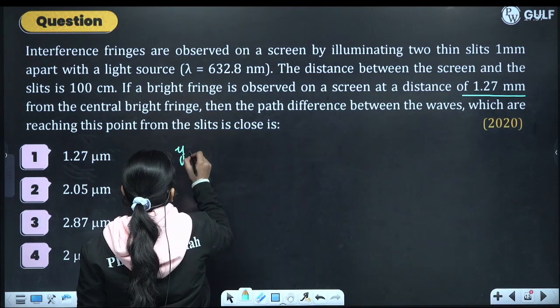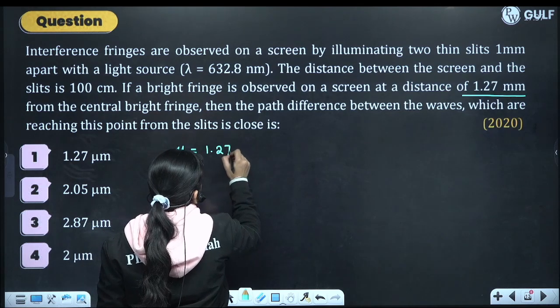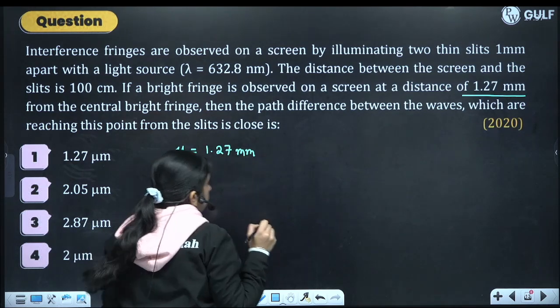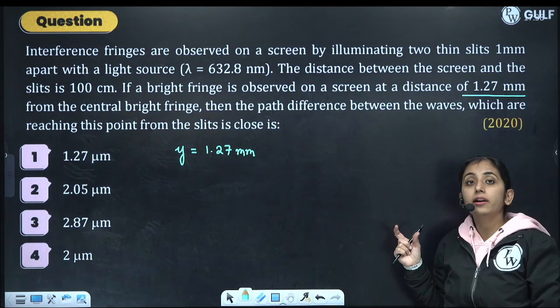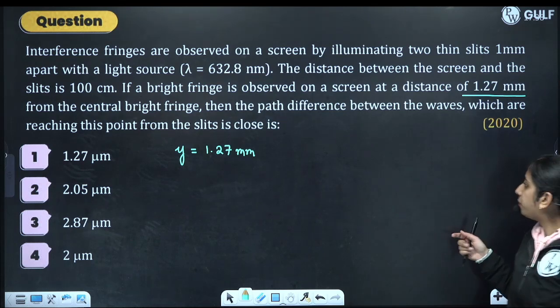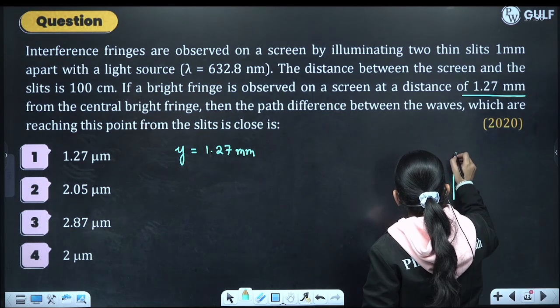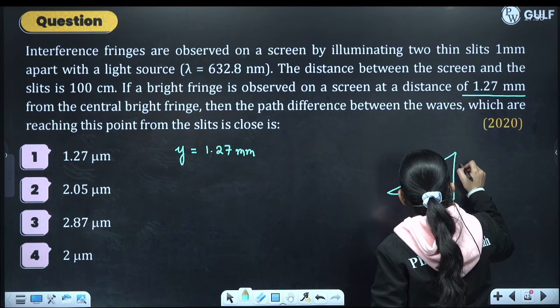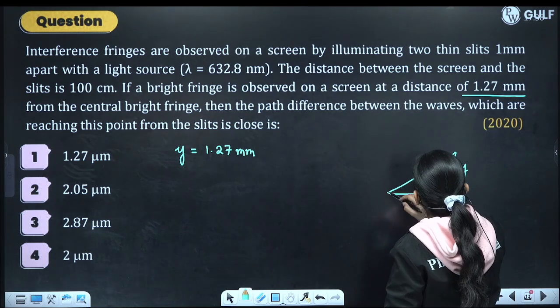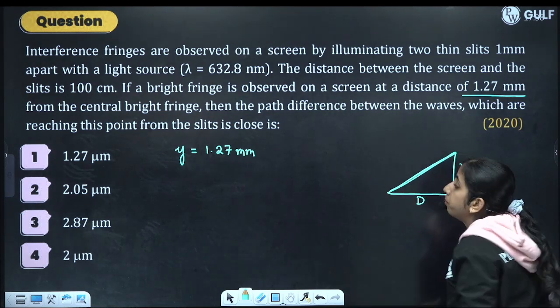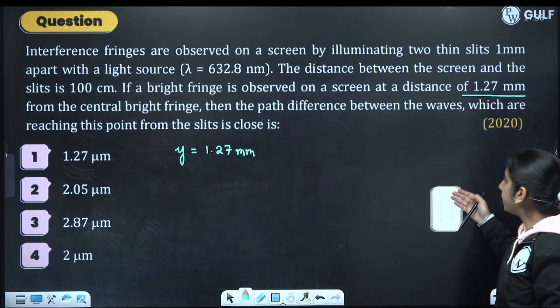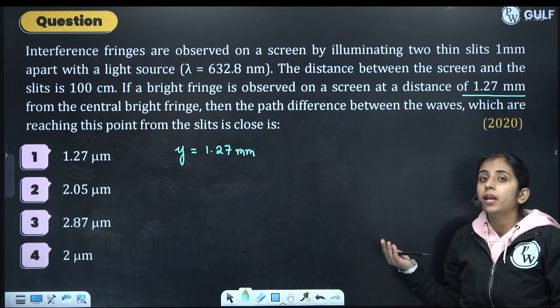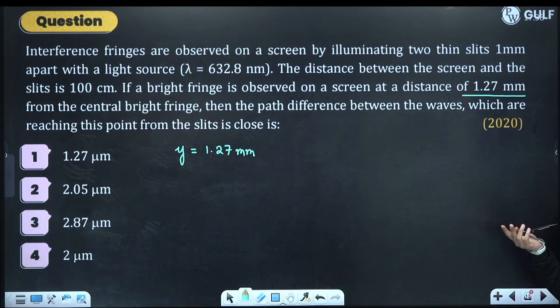Y is given to us as 1.27 millimeters. This is Y, this is D. If the waves reach over here and a bright fringe is formed, what will be the path difference?